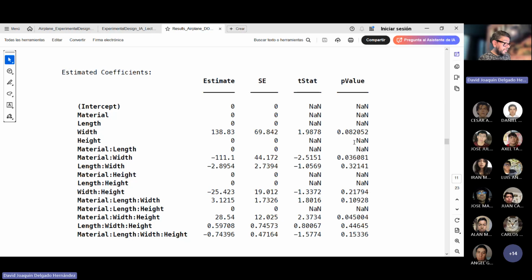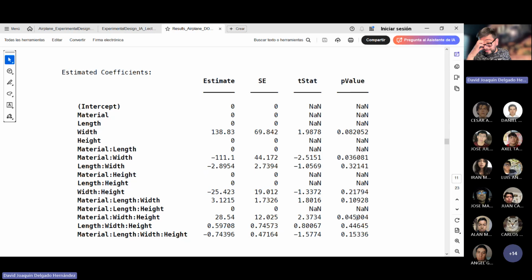Okay, so look, the width. This p-value is 0.08. Now the material width, it is 0.03. Okay, so these are significant. This one, material width height, it is 0.045.